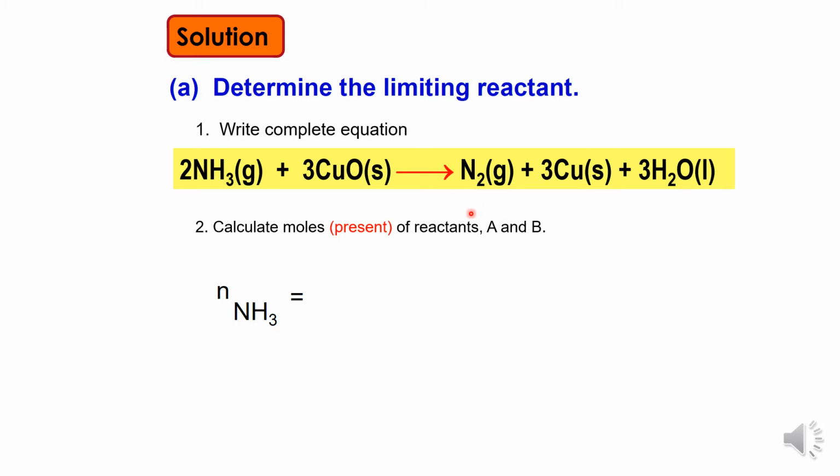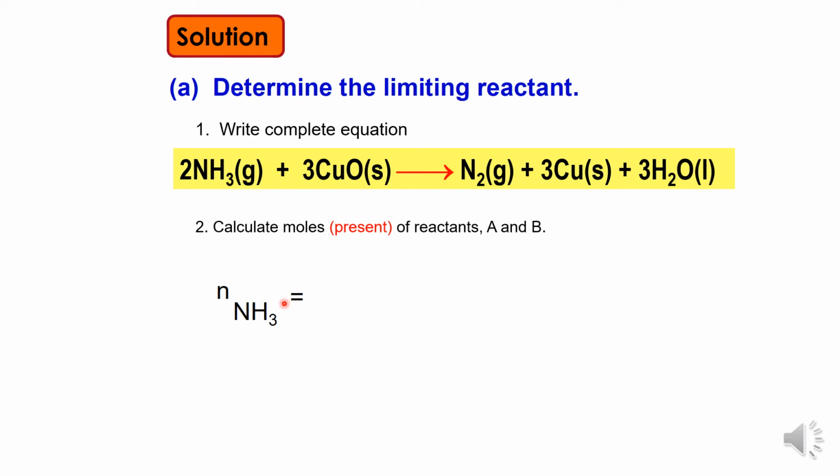You can set A as ammonia and B as copper(II) oxide, or vice versa. Here we set A as ammonia and B as copper(II) oxide.